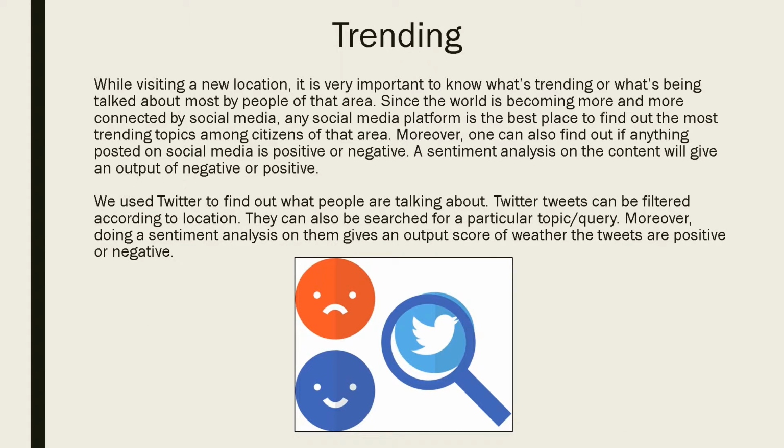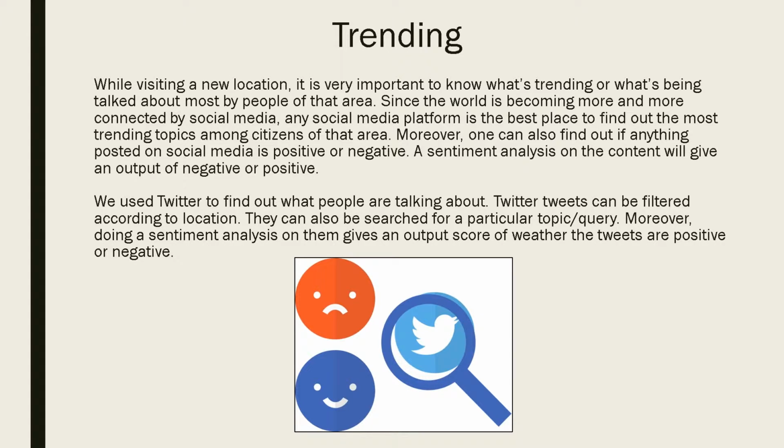Another important thing is when you visit a location, you want to know what is the most trending topic among the users. What are the citizens of that area talking about? What are the most happening events of that area for that particular day? For this aspect, we've used Twitter. We could have used any social media platform because people generally post on social media about what they're doing and what the most trending topics are.